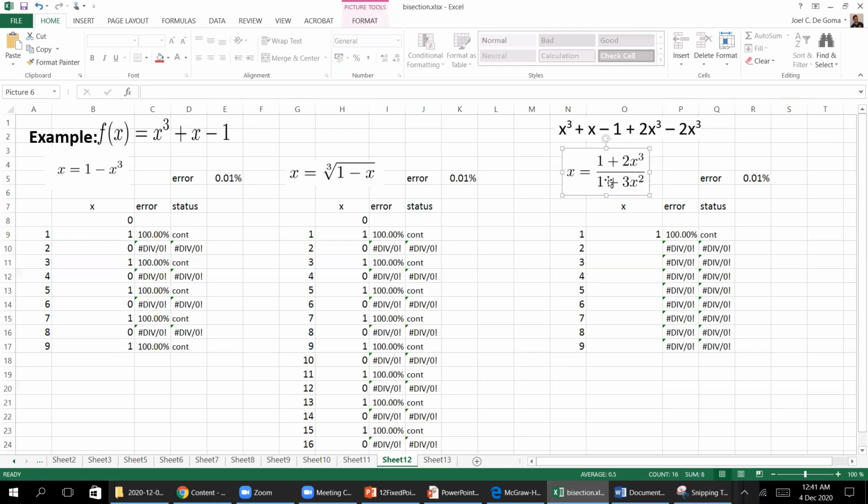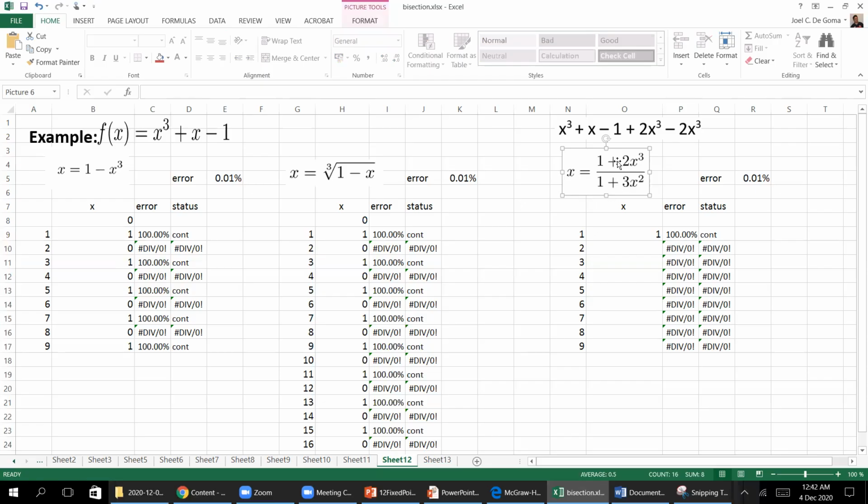So how do we derive this equation from that one? Basically, we transpose first x cubed plus 2x cubed and x to the other side, and then factor out x to get 1 plus 3x squared. That will be your denominator.